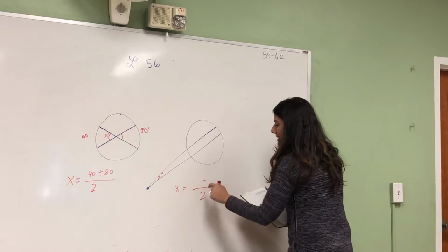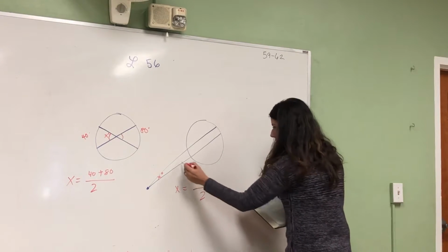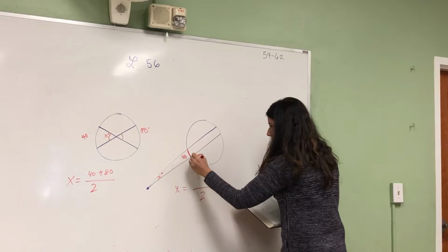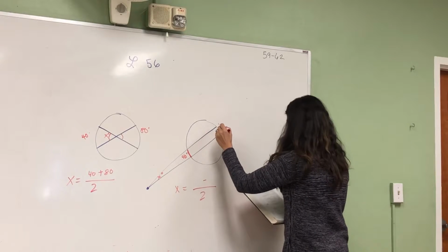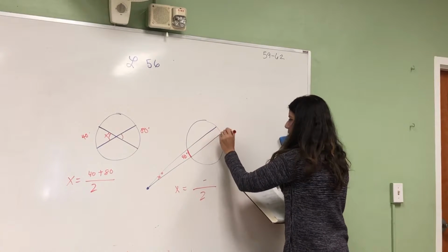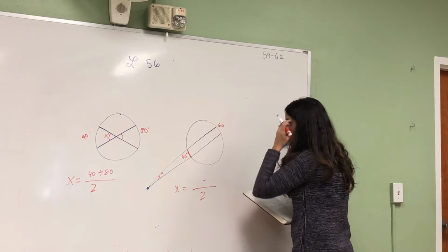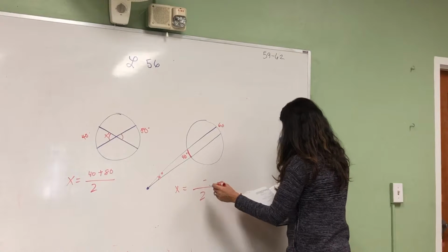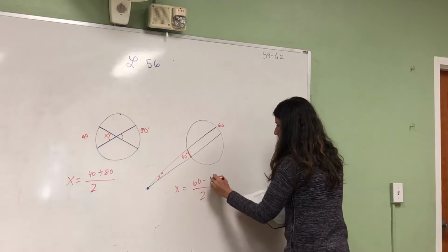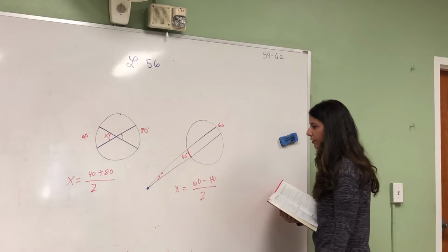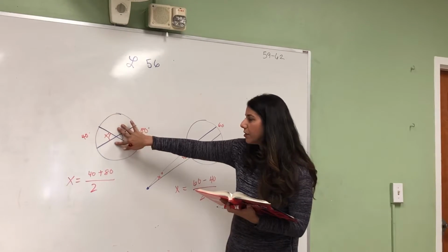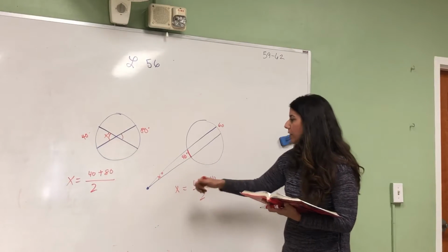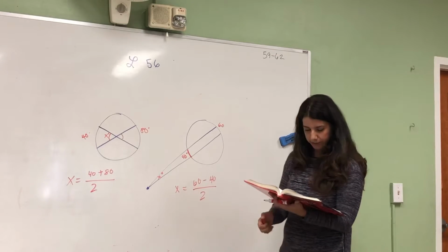So this 40 degrees refers to the arc measure here, and, well, this is not a very good drawing, but we'll say 60, we'll use different numbers just for fun, because otherwise the 80 seems crazy. So now we have the difference, and you take the larger one. So if they intersect inside the circle, you add them, divide by 2. If they intersect outside the circle, you subtract them, divide by 2.